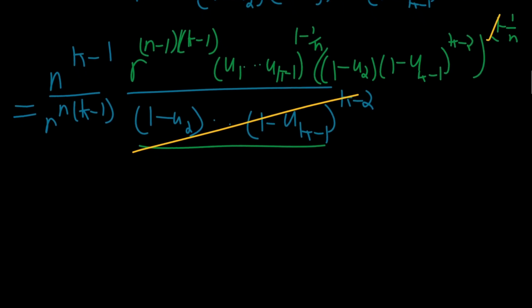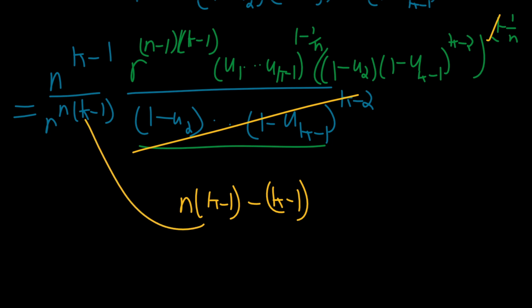Now let's just take care of our r's real fast. So n minus 1 times k minus 1 is just the same thing as n times k minus 1, and then minus k minus 1. Nothing super insane, but you'll just see that these here are the same, actually.